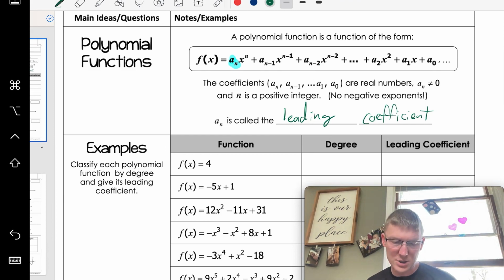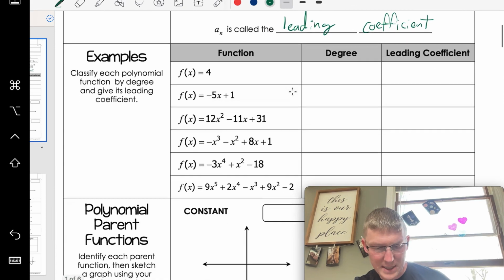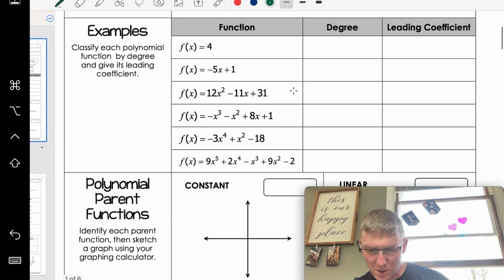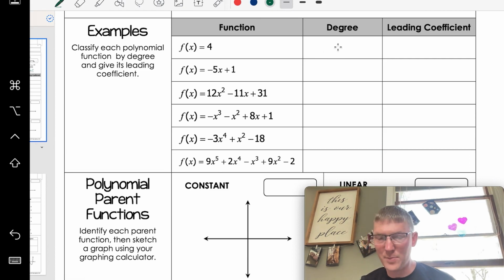So just note that is the leading coefficient. Then as we get down here, we start talking about degrees. I think we've mentioned this before, but the degree of a polynomial is basically the highest exponent next to a variable in that function.